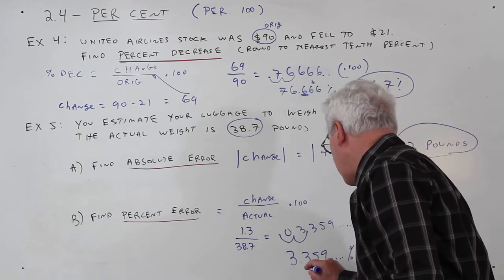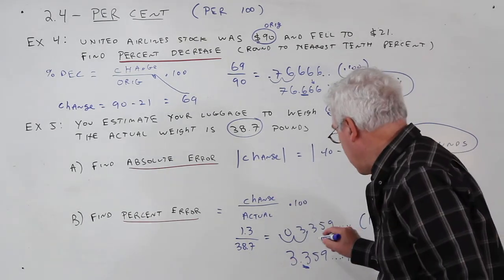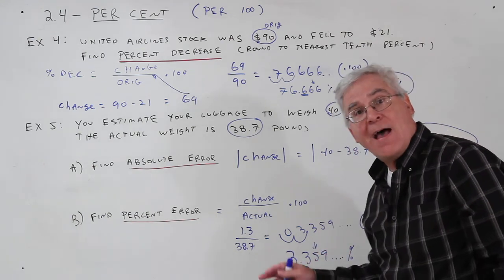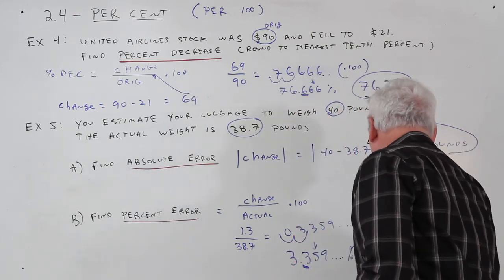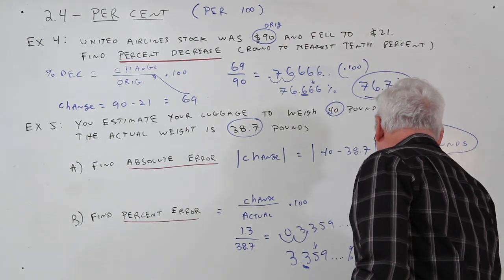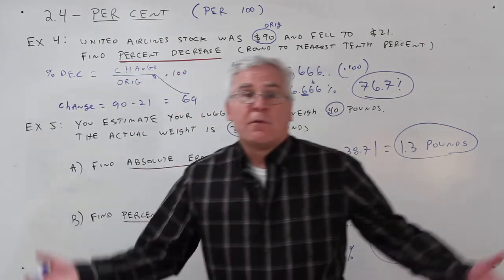I want to go to the nearest tenth, so I underline where I'm rounding, and then I arrow to the place after. That is a 5 or above, so I push that underline up. So my final answer will be about 3.4%.